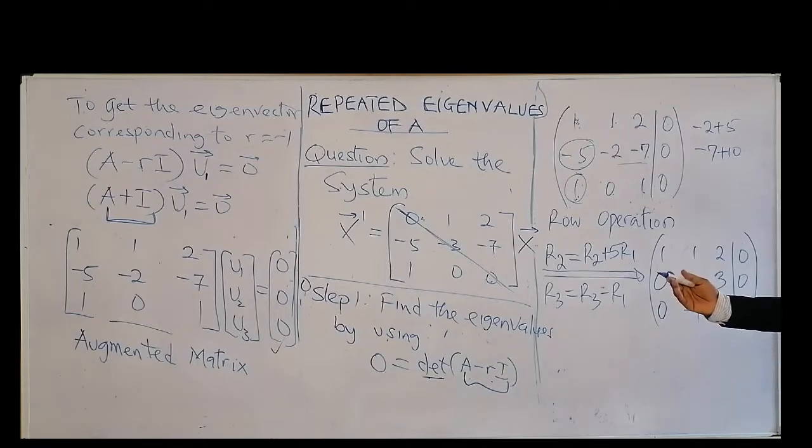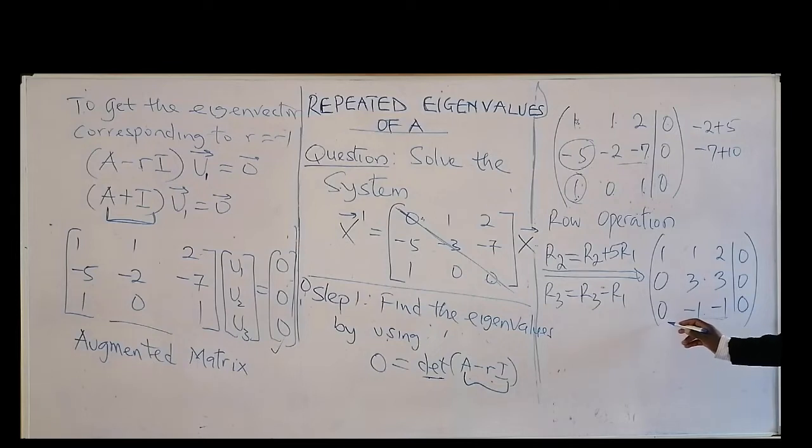We can continue to do the evaluation straight away. And if you want, you can still try to reduce all the elements here to be 0. The choice is ours. If you want to do the row operation again, you can use either row 2 or row 1. So let's continue with this third row.